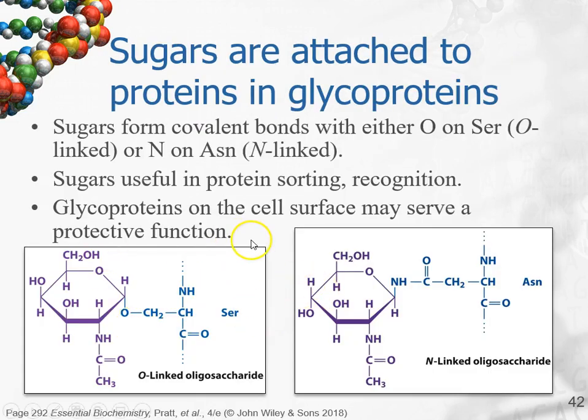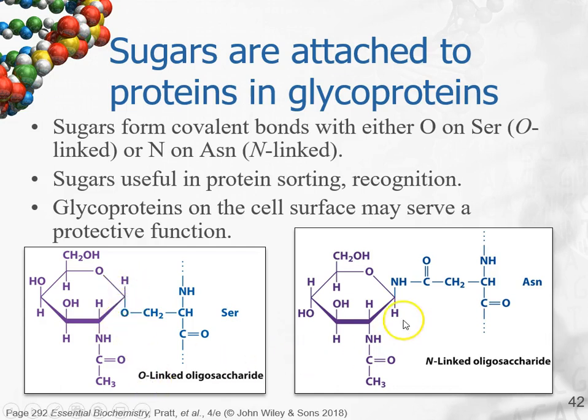Just to finish with a few more interesting concepts. There are proteins called glycoproteins where sugars are attached to proteins. And we have two different types. We can call them O-linked or N-linked. If you remember, serine is CH2OH. We can do another condensation reaction. So this is N-acetylglucosamine, and we can attach a sugar here.